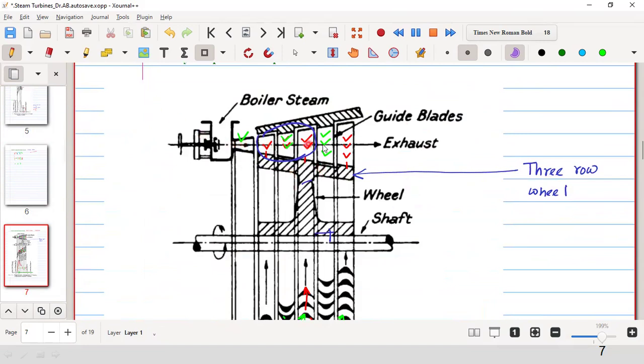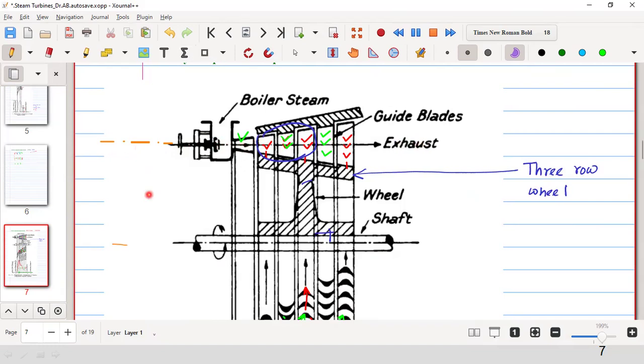You can see this line; that is the meaning of mean diameter. As you can see, the area is changing and the blade lengths are changing, but there is a mean diameter. So that is known as the mean diameter.